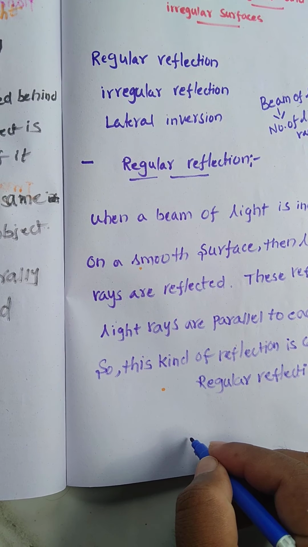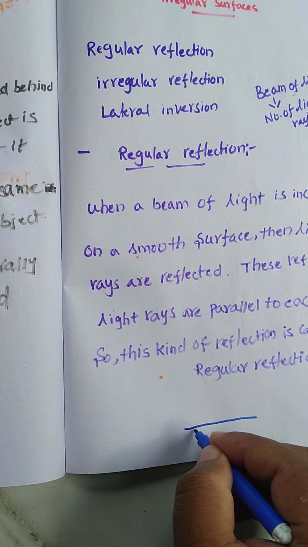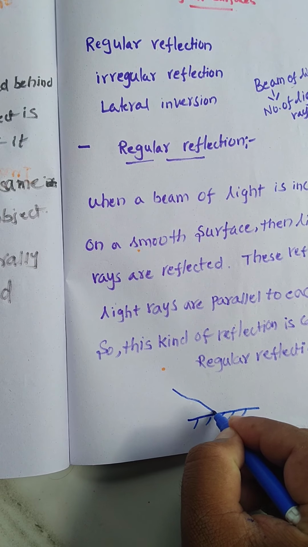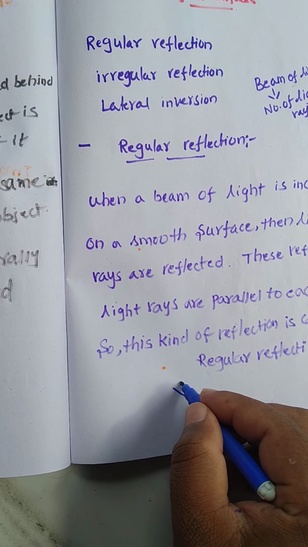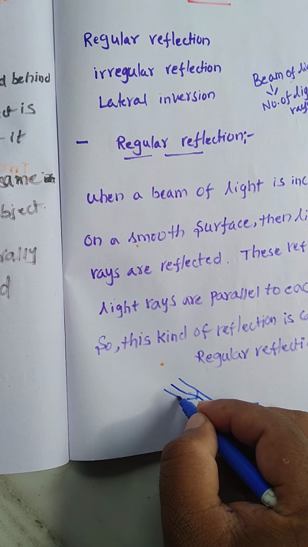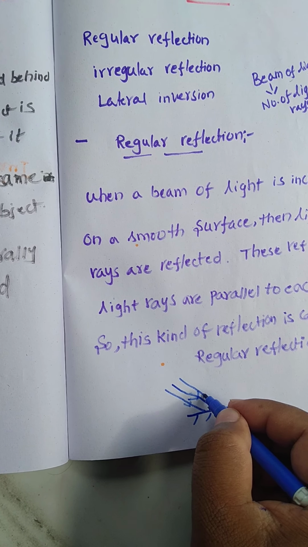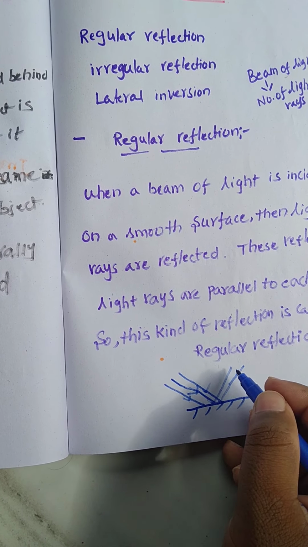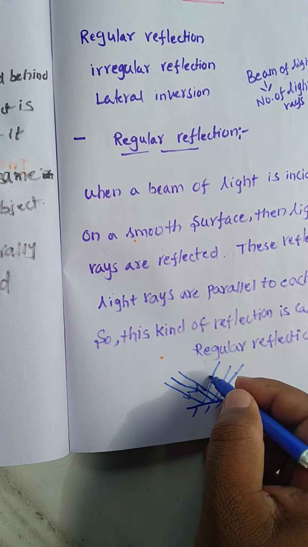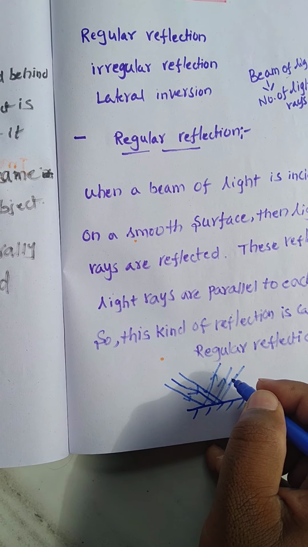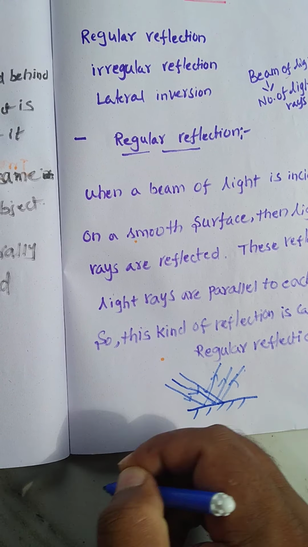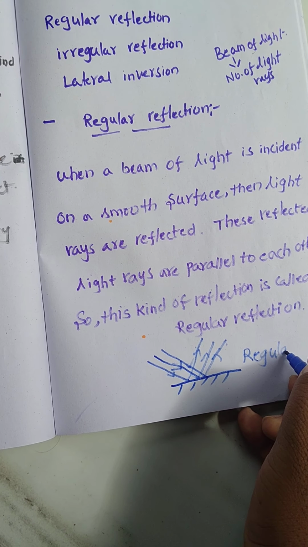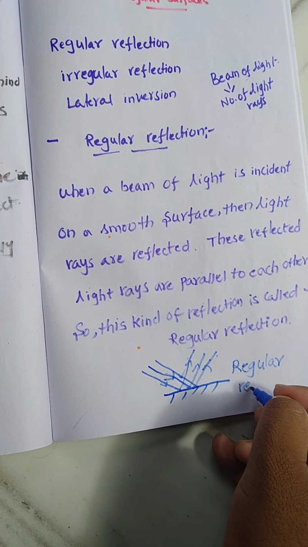See, for example, I am taking a smooth surface. Whenever a beam of light is incident, what happens? The light rays will be reflected. See here, these are the reflected light rays. These reflected light rays are parallel to each other, so this type of reflection is called regular reflection.